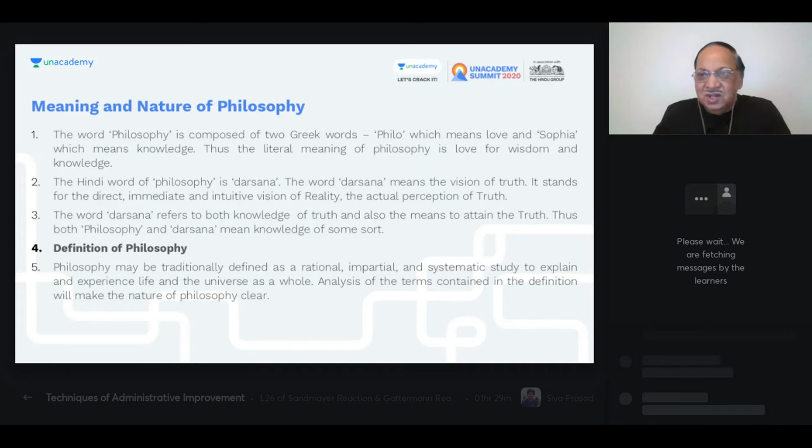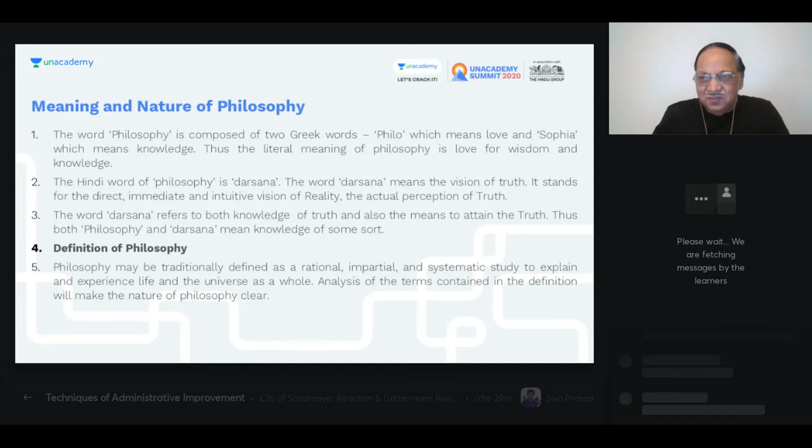It's very natural that, sir, when you are saying that philosophy is the only optional subject most suitable for scoring very high marks in the civil services examination, then definitely you all will like to know what sort of subject this is that I am talking about.